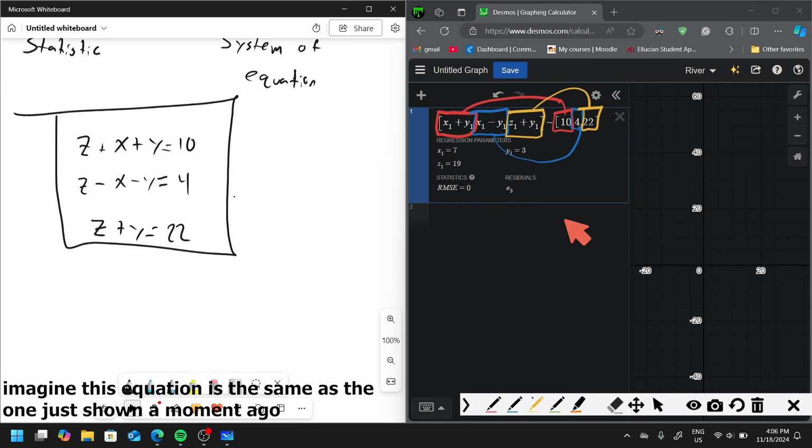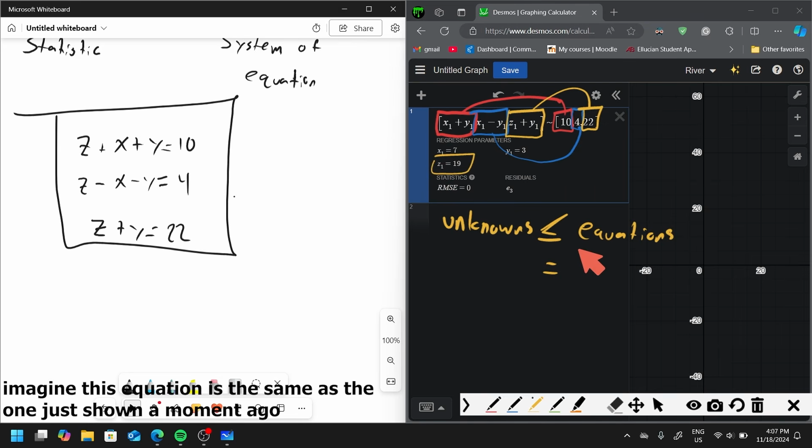And we can do that with as many equations and as many unknowns as we want. The important thing to know is that the amount of unknowns that we have has to be less than or equal to the amount of equations that we have. And it works the best when the two are equal because it will give us only one value.